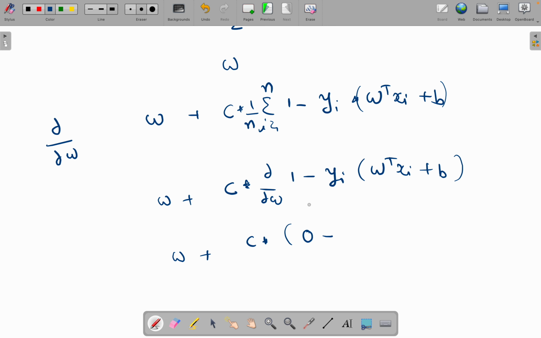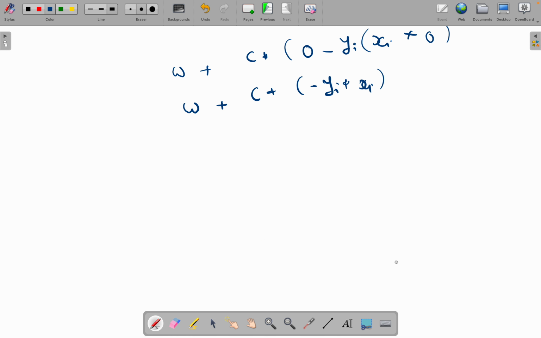0 minus yi would be there as it is, and now this term W transpose xi will become xi, that derivative of W with respect to W will be 1, right? And plus this b is treated as a constant, so it will be also 0, right? So we will end up with W plus c times minus yi into xi, right?